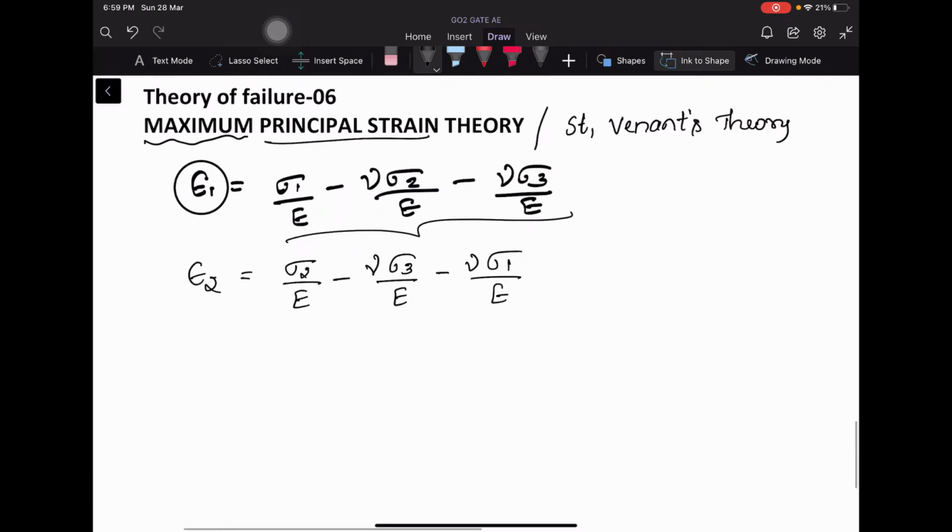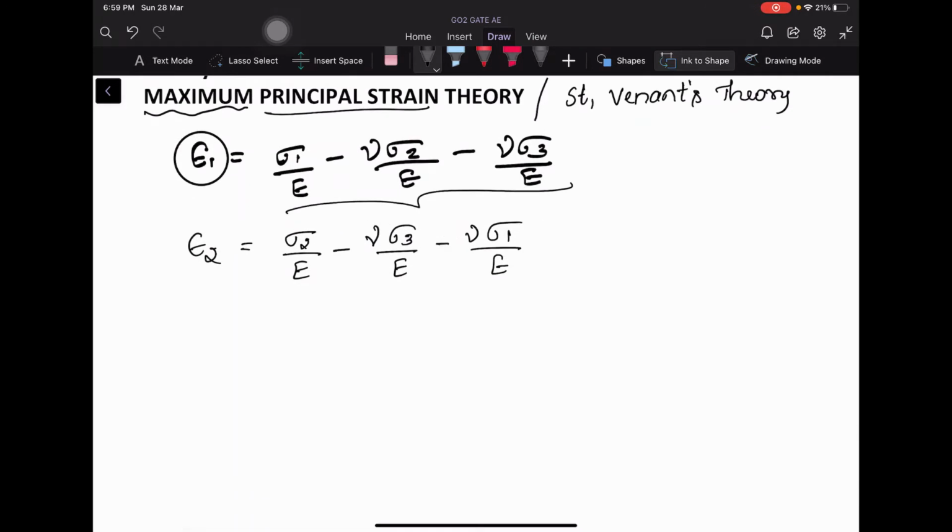So they are asking you maximum principal strain. So this term, which is sigma 1 divided by E minus mu sigma 2 divided by E minus mu sigma 3 divided by E, should be less than epsilon max. So this is the maximum principal strain.